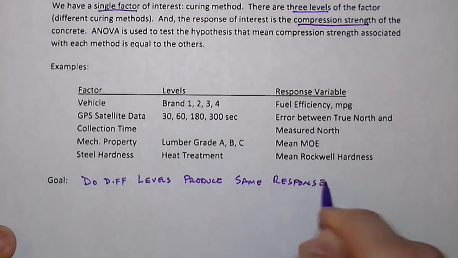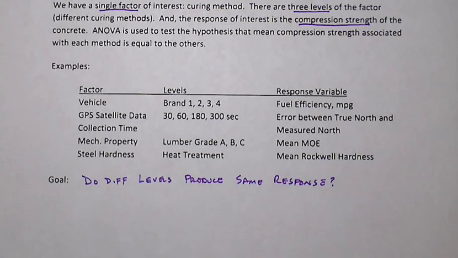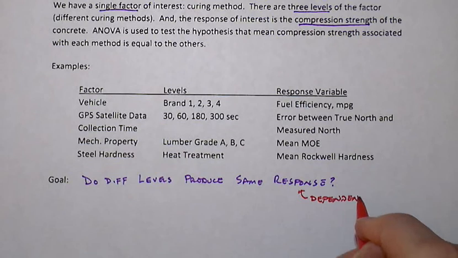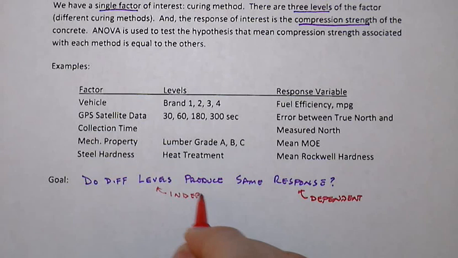In answering this question, it's helpful to think about the response as being the dependent variable that we're after, and the levels are the independent variables. We're trying to keep everything else the same and only vary one thing in this single factor experiment.